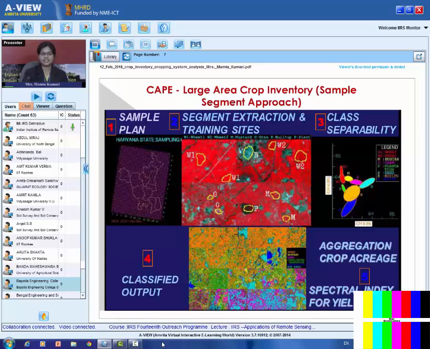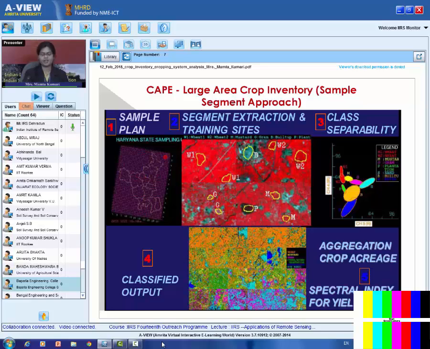But for large areas, like state level or a group of districts, the sample segment approach is used. In the sample segment approach, there are various steps. First, there is sampling plan preparation. In this, first stratification is used.